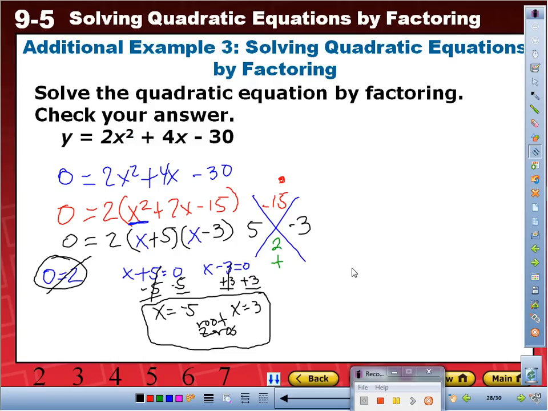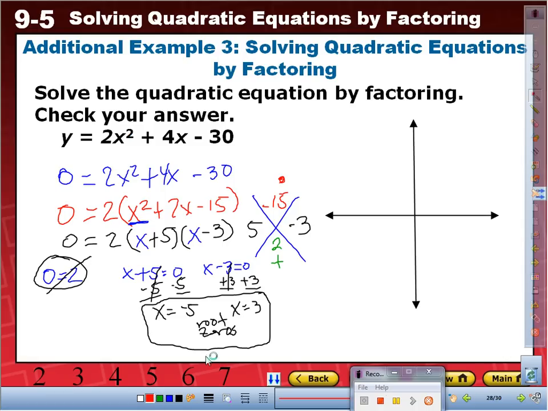Next, pass it to someone, please. Sabrina, okay. Graph, tell me what to do. 3 and negative 5 on the x, so 3 is right here. Negative 5 over here. Y-intercept is negative 30, which is way down here.